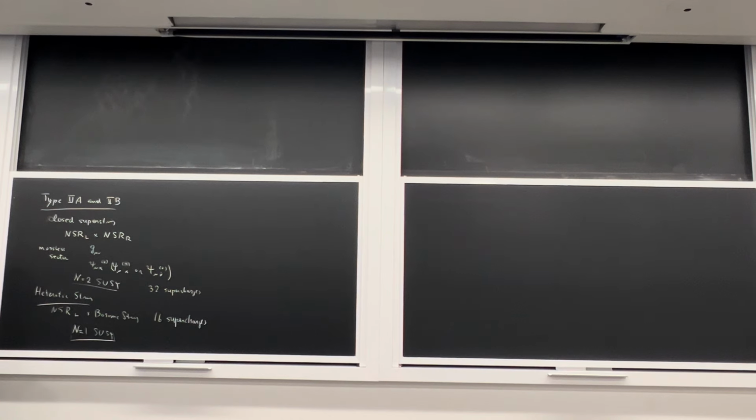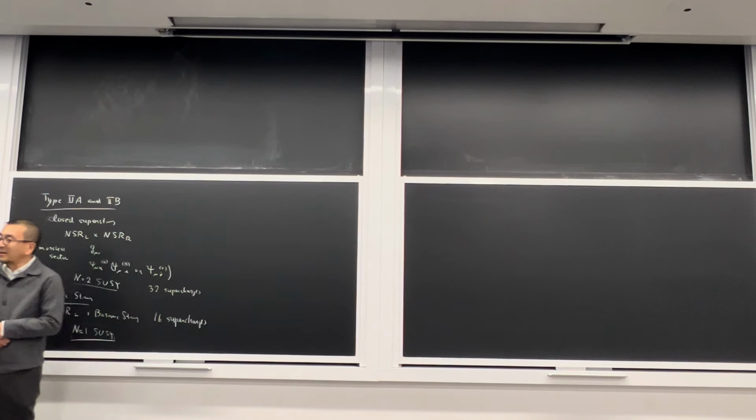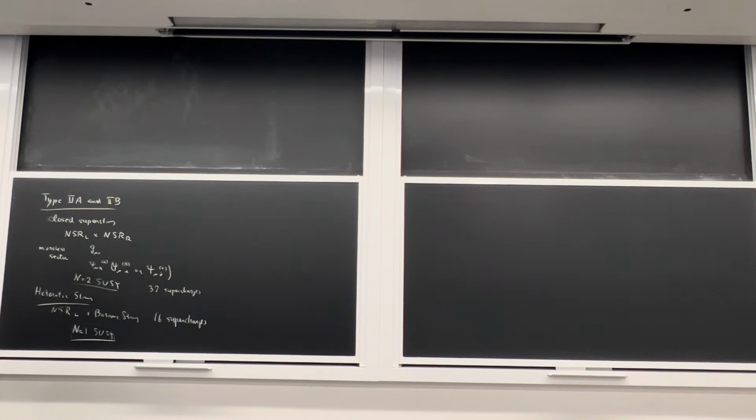But in order for that to work, it's very important that the low energy theory of whatever fundamental theory you have has chirality properties. And if you have more than N=1 supersymmetry, such a theory cannot be chiral.